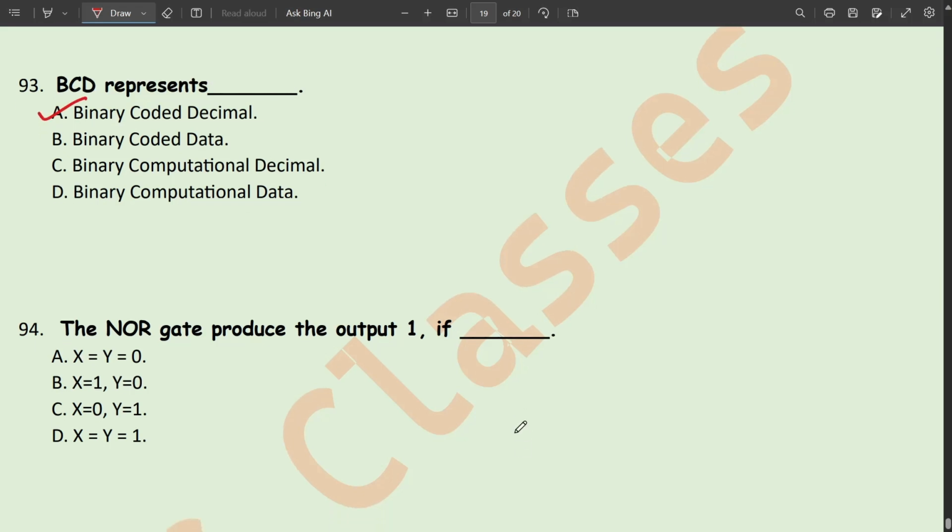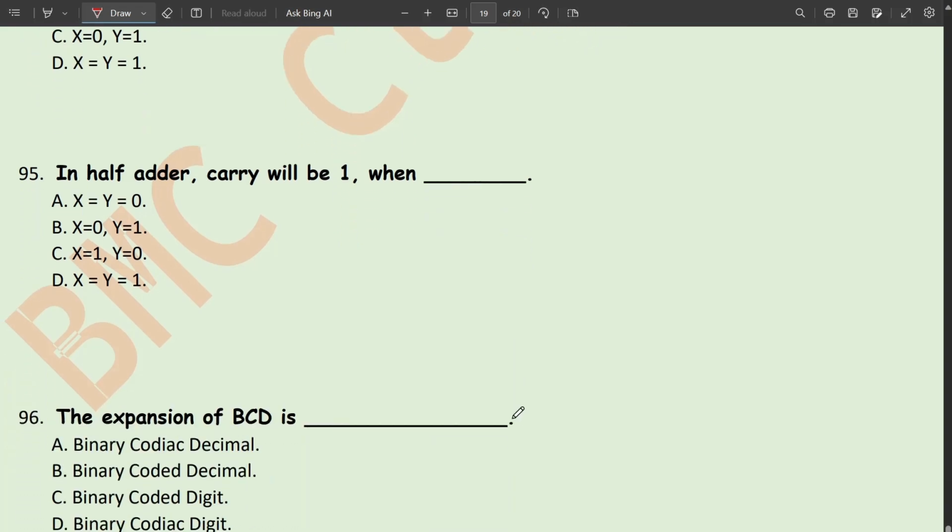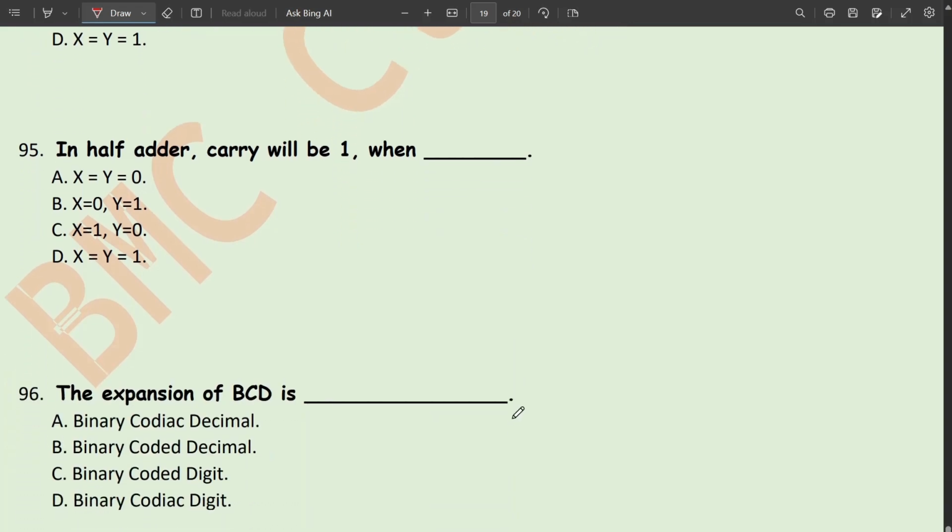Next, the NOR gate produces the output 1 if and only if X and Y are equal to 0. Option number A is correct. Next, in a half adder, carry will be 1 when X and Y are equal to 1.